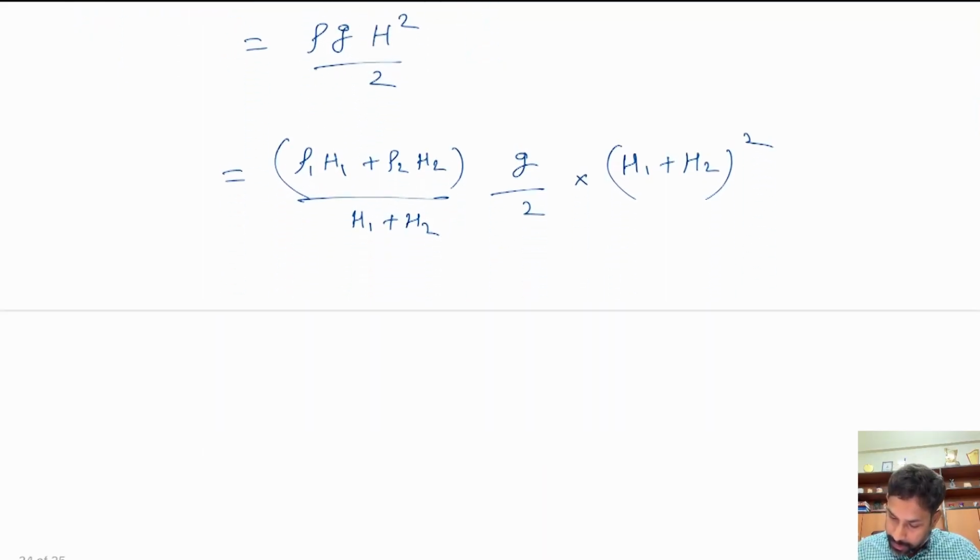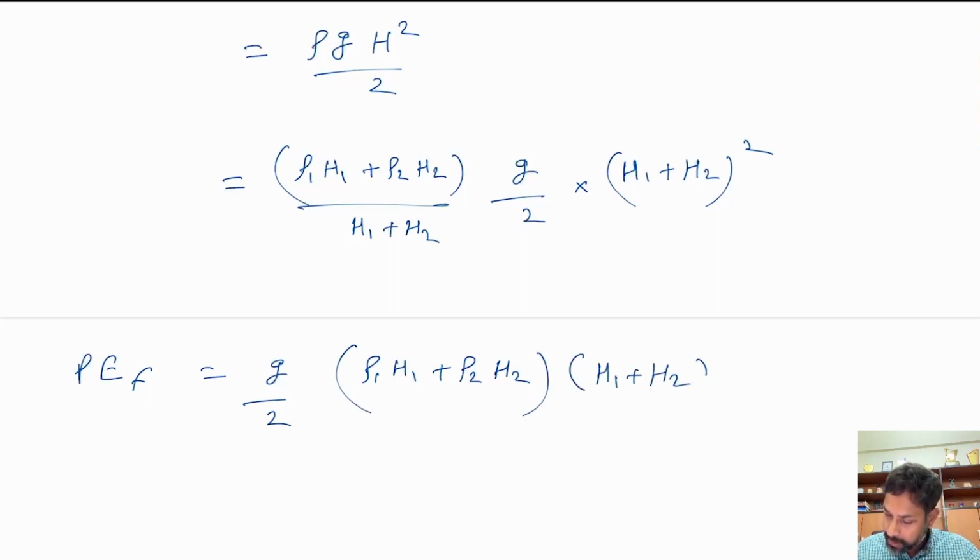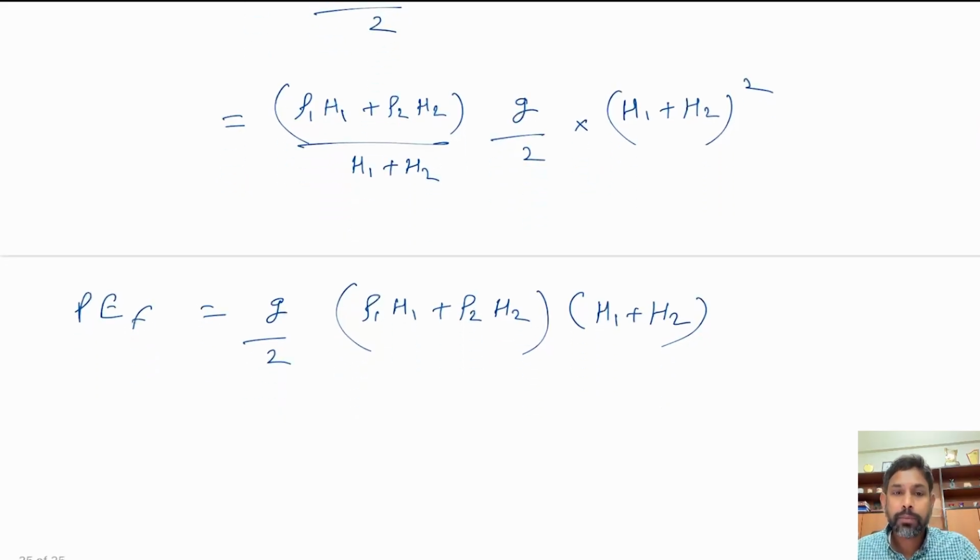Alright, and this will give us potential energy final as rho 1 h1 plus rho 2 h2 over h1 plus h2, sorry, that will cancel. So g over 2 times (rho 1 h1 plus rho 2 h2) times (h1 plus h2). Okay, so this is the final potential energy we get after mixing.